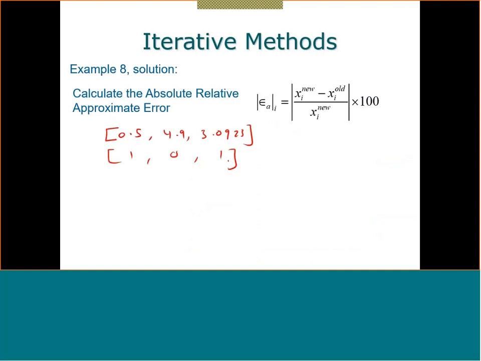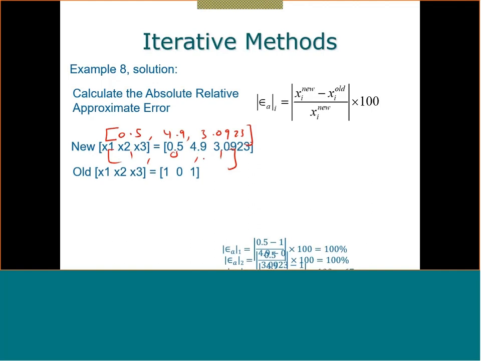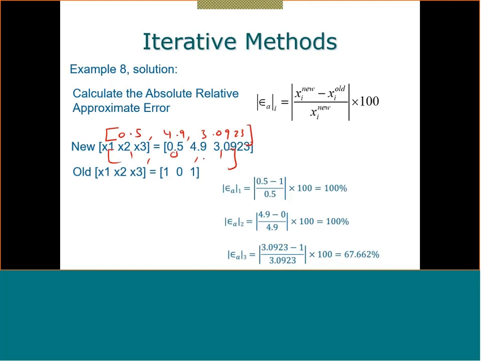Most of the time, not always, the first iteration will be far away from the initial guess. So you can see there's a huge error between these two values. This is expected. If you do the error, you see it is 100%, 100%, and 67%. Now what do we do? This is my x1, x2, and x3.